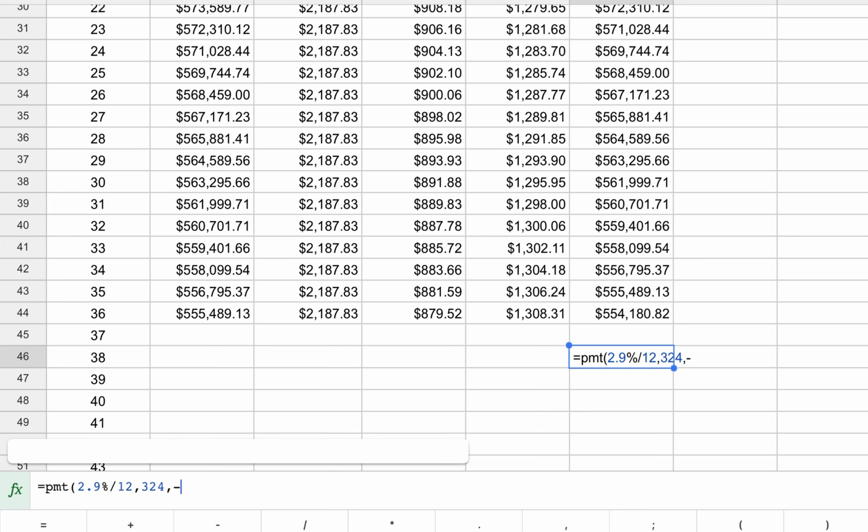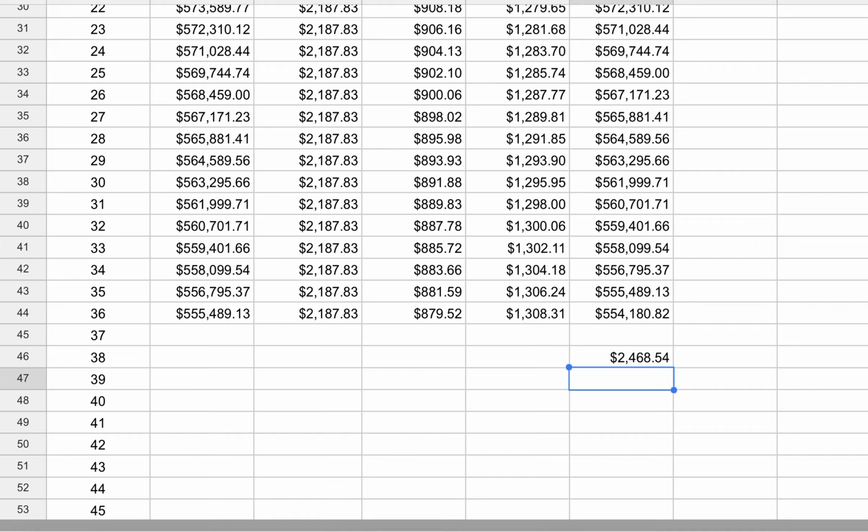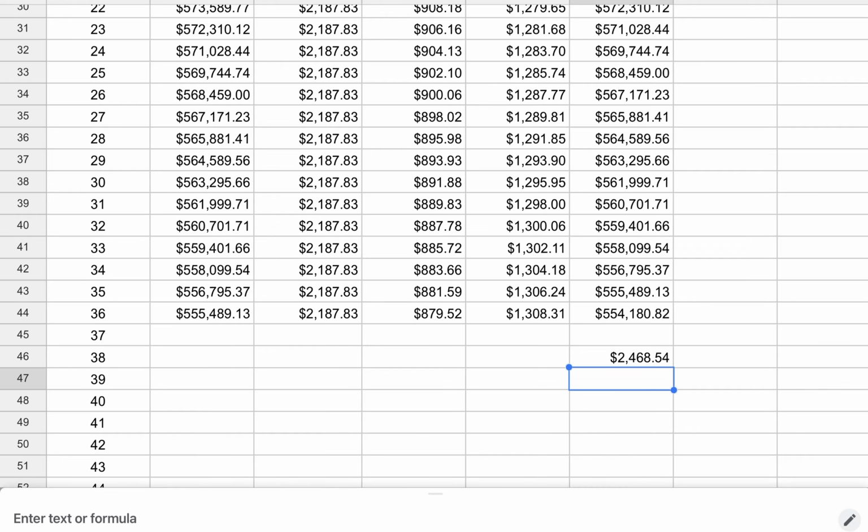And then my balance is going to be this negative $554,180.82. Go ahead and close that off. You'll see that our new mortgage amount is $2,468.54.